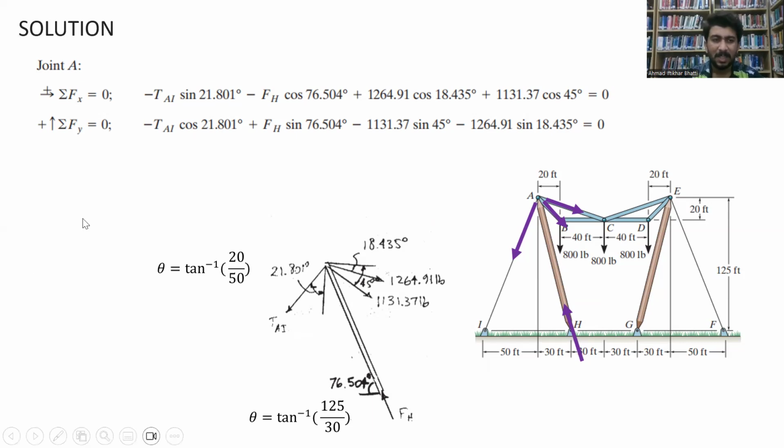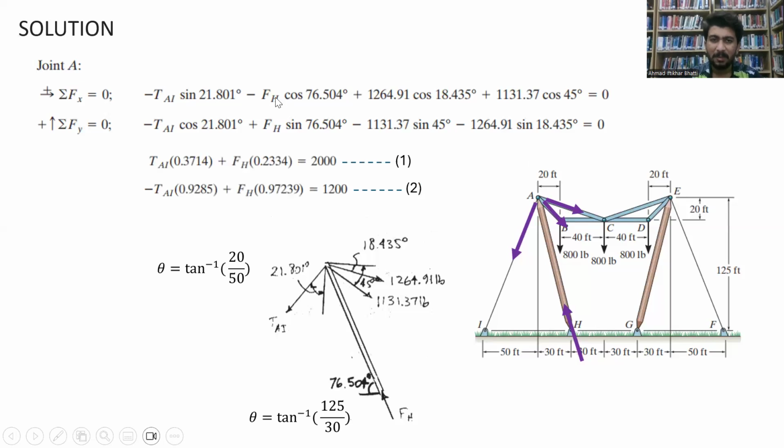And in case of the vertical direction forces, we have the cos component with the tension in the cable AI, the sine component with the force H, and we have the sine component with the force in member AB, and we also have the sine component with the force in member AC.